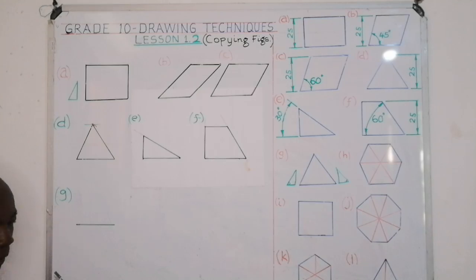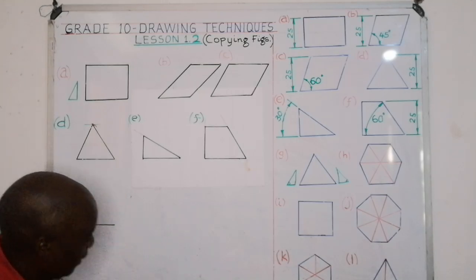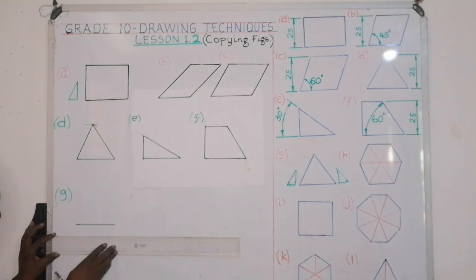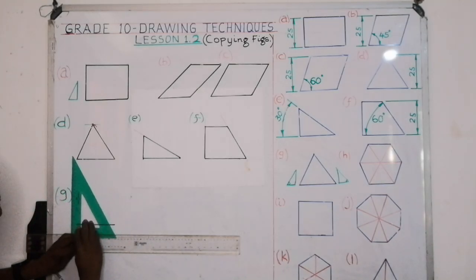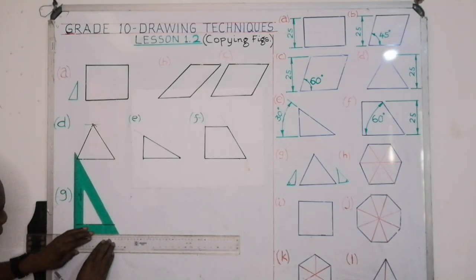So I'm going to use the 60-degree side of the set square like that from either end.